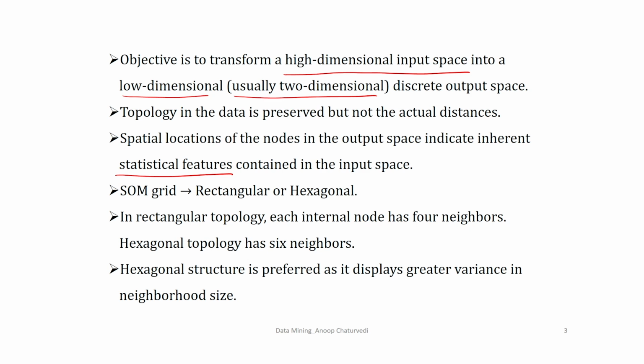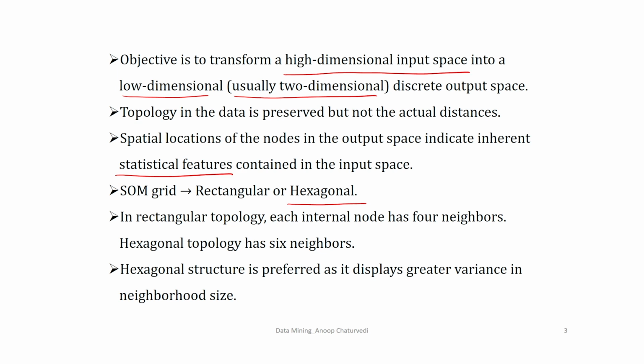And usually we take the SOM grid as rectangular or hexagonal. In fact, in practice, we usually prefer hexagonal grid. In rectangular topology, if grids are rectangular, each internal node has 4 neighbors, whereas in hexagonal topology, each node has 6 neighbors.